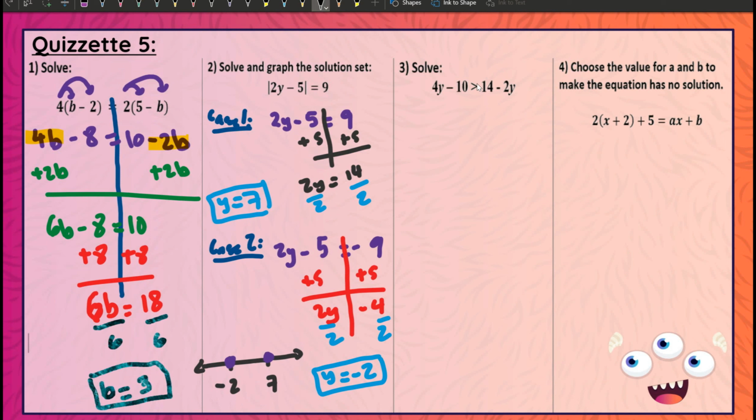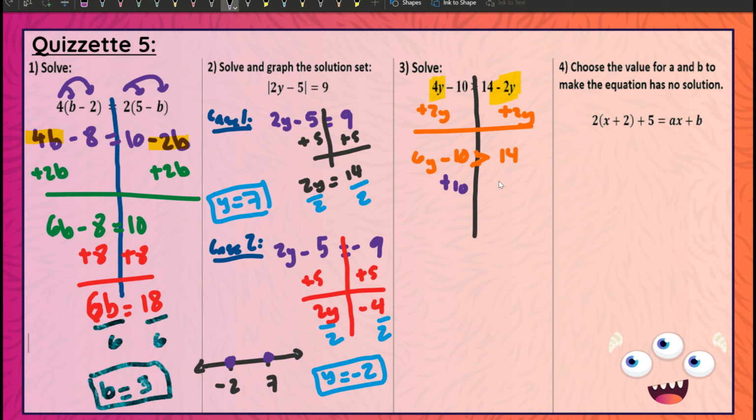Number 3. To solve for the variable, you have the variable on both sides, so you need to bring one of them to the other side. You're going to add 2y to both sides. That will give you 6y minus 10 is greater than 14. Continue solving for y.